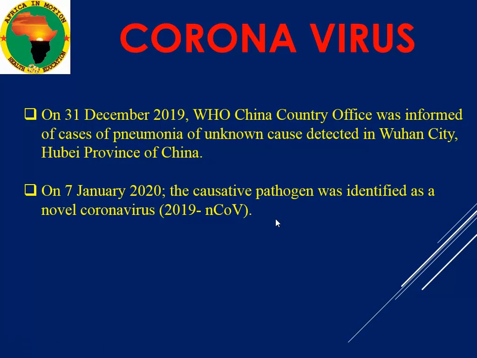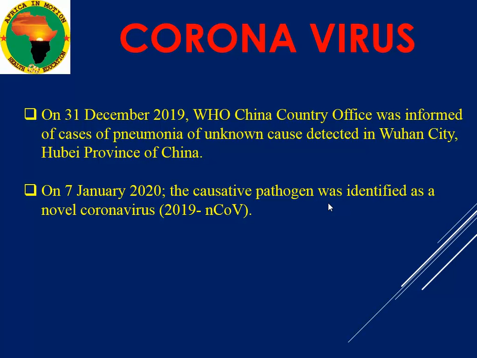On the 31st December 2019, the World Health Organization's country office in China was informed about cases of pneumonia of unknown cause, which were detected in one city in Hubei province in China. This pneumonia was so severe that they could not understand this condition that was not responding to treatment.